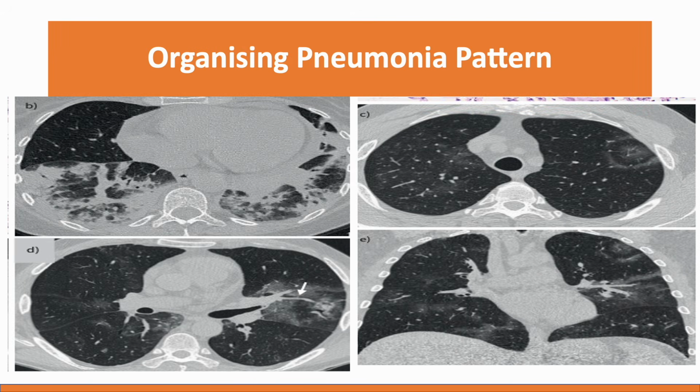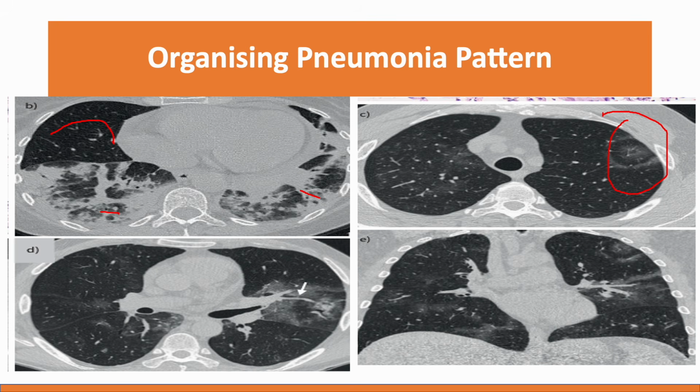So, this is the CT image, and classically, you see a consolidation and ground glass attenuation in both the lower lobes. There are also areas of lobular sparing, and what it also shows here is ground glass associated with a reverse halo sign in the anterior segment of the left upper lobe.